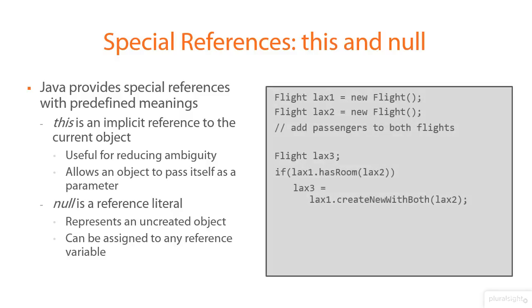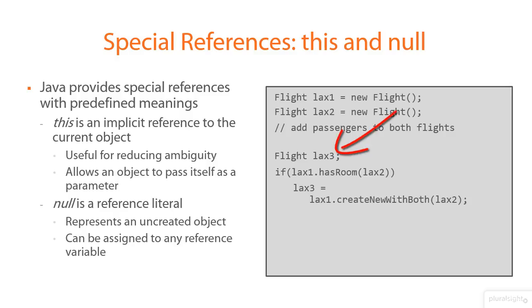Remember that we wrote code earlier where we declared our two flights, lax1 and lax2, and then we have our other flight, lax3, that if there was room, we would assign a new Flight instance to with the combined passengers of lax1 and lax2. Well, this code as it's written creates a problem.